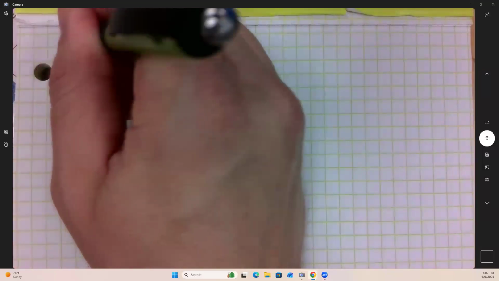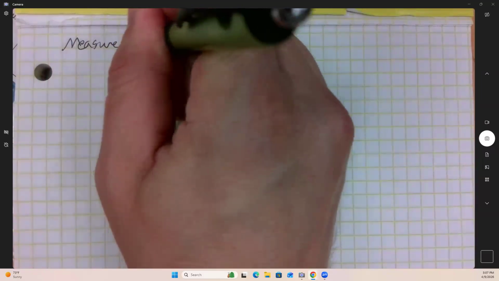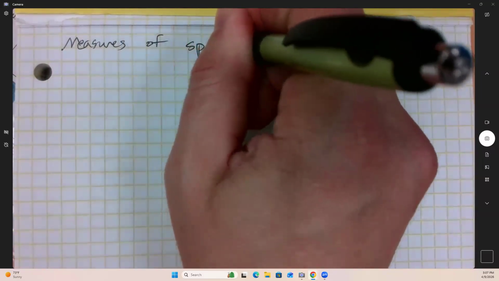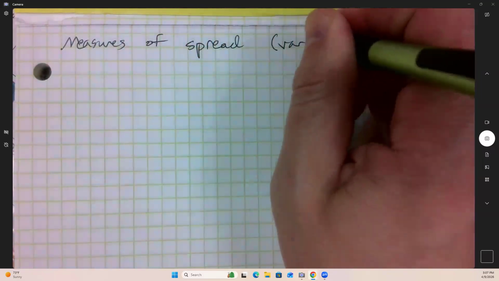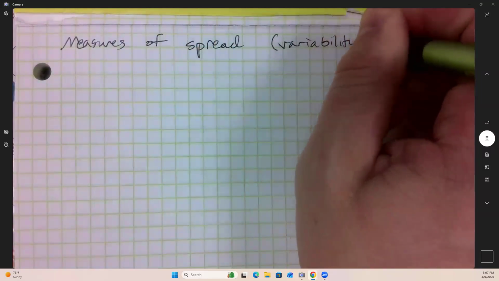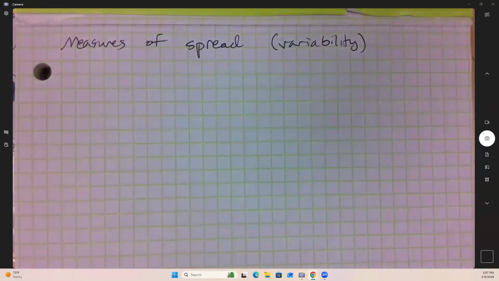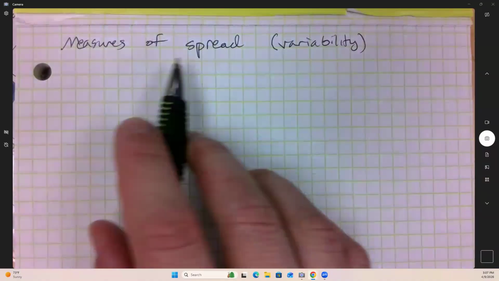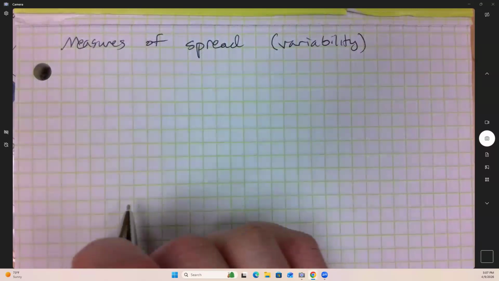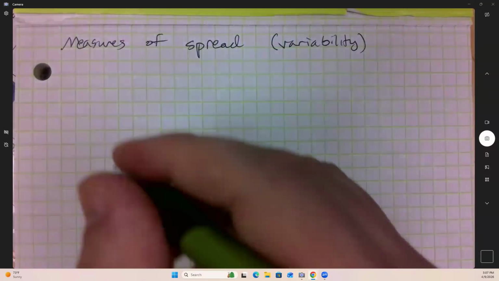The other thing when you look at a histogram, for example, is you want to know how spread out the data is. So in addition to measures of center, we also have measures of spread, which is sometimes called variability. And there's a measure of spread that goes along with the mean and a measure of spread that goes along with the median.